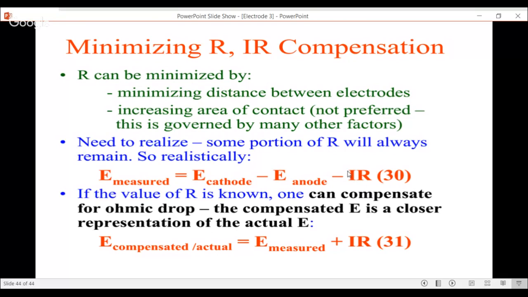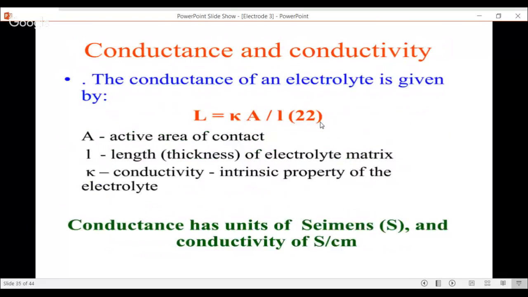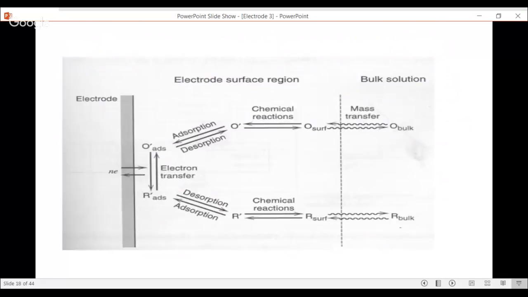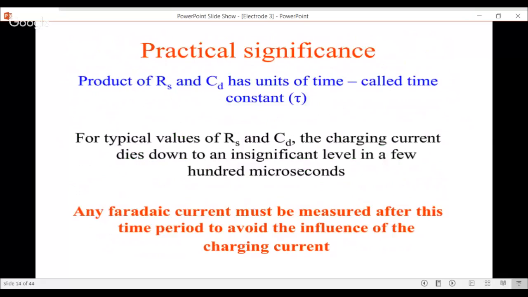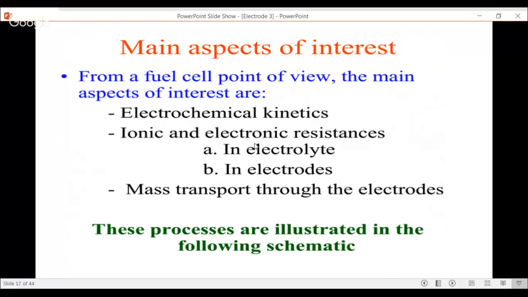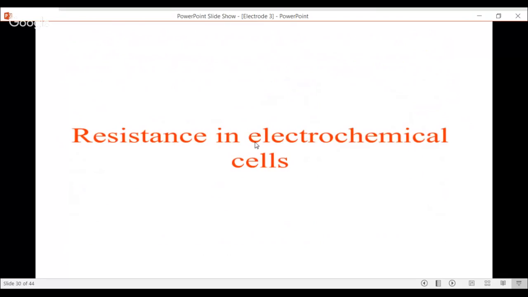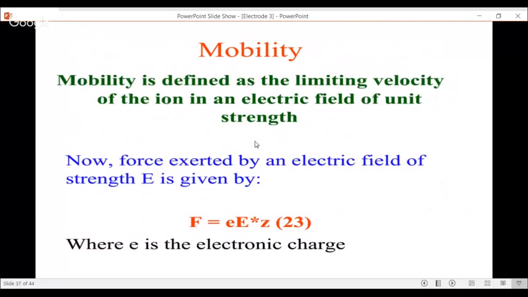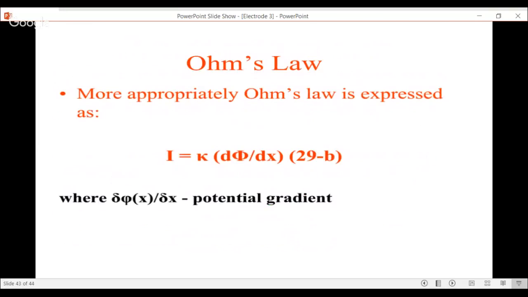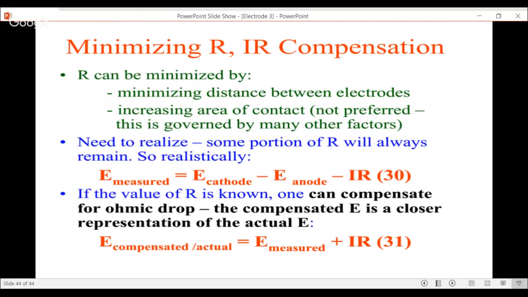Suppose I take an electrochemical cell like this. It depends upon the two electrodes and the electrolyte in between them. So that is E measured.